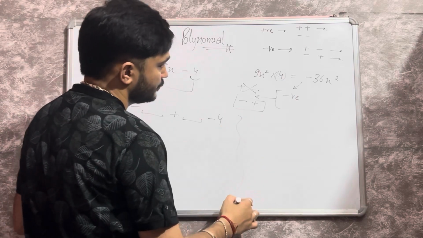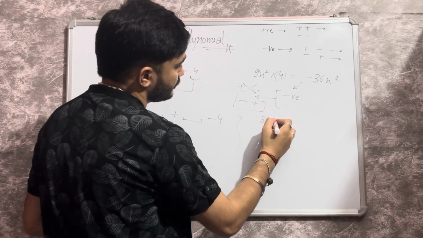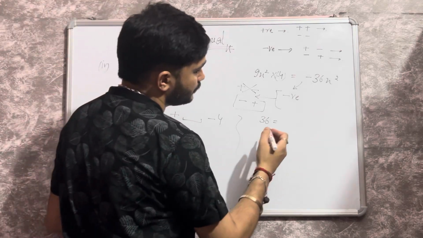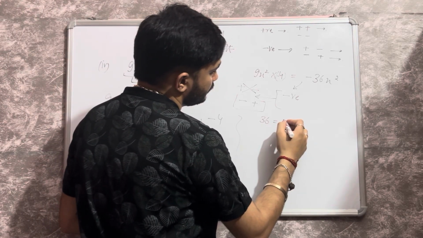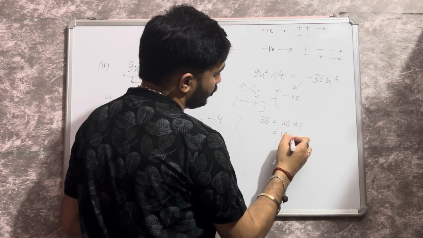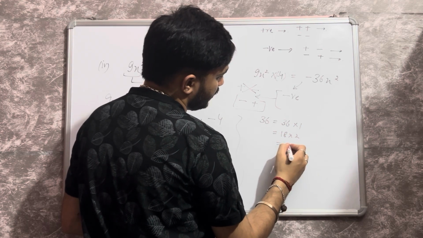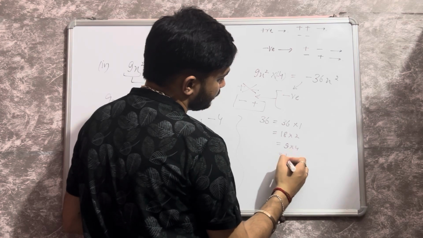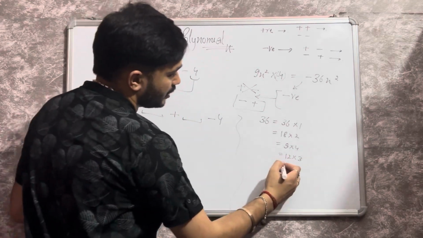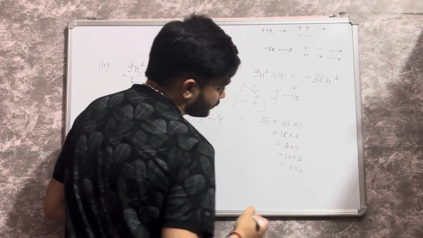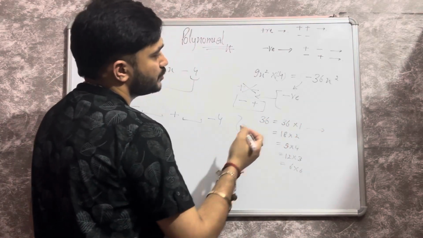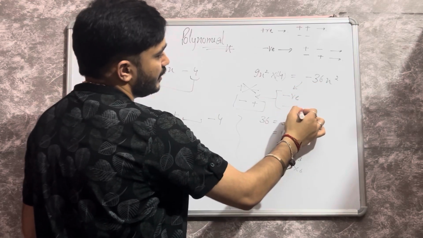Now take this 36. In how many ways can you write it as a multiple of 2? So you will have 36 into 1, then 18 into 2, then 9 into 4, 12 into 3. Anything else? Yeah, 6 into 6 also. Yes, that's all.